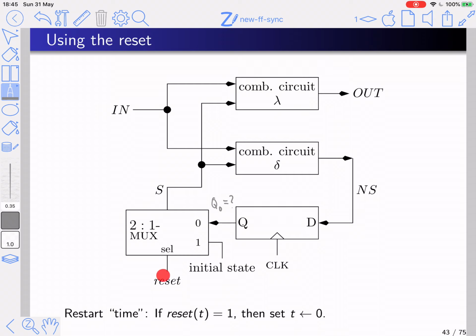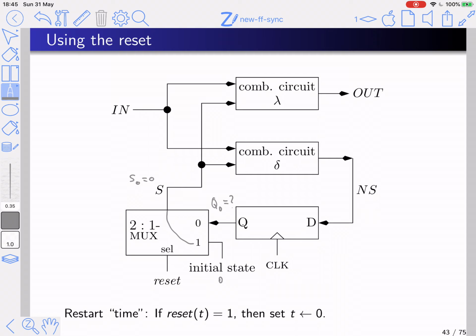So what we do is we use the reset signal. The reset signal is 1 in clock cycle 0. So it feeds this mux, and the mux selects this input, and this input is directed, in clock cycle 0, to S. And let's say that the initial state is 0, it could be 1 or 0, whatever you want, and therefore S0 will equal 0, because the reset signal tells you to select this input and direct it out to here.